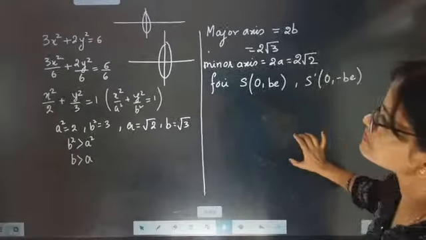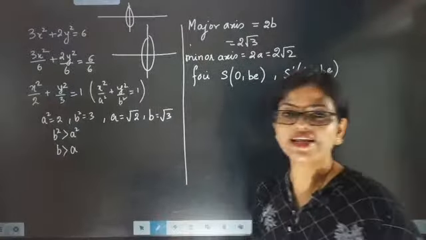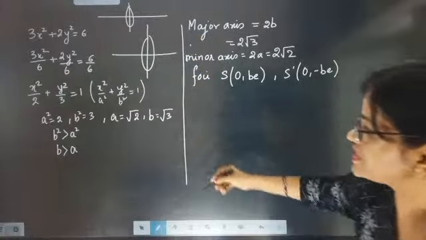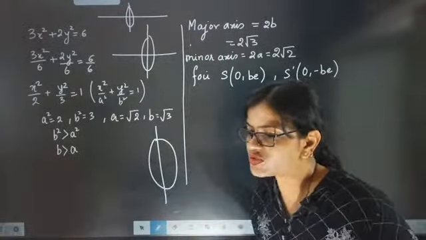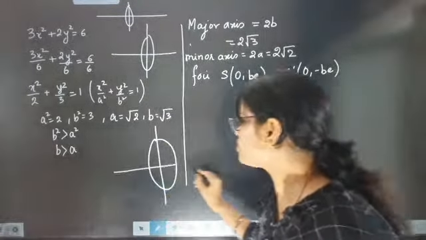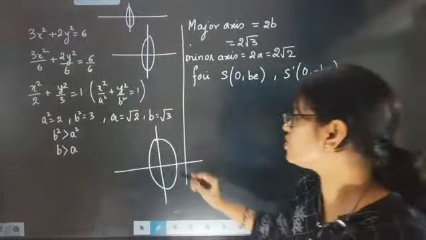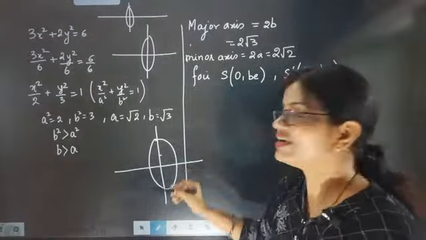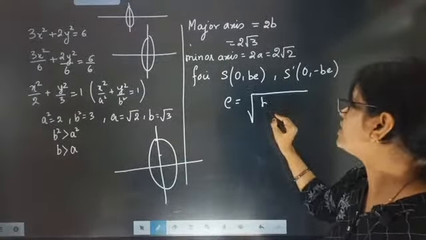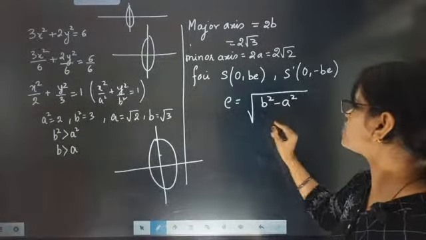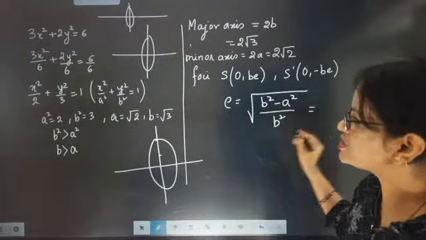Just tell me. Now first, the eccentricity for an ellipse whose major part is resting on the y-axis. Yesterday in one video I discussed that when the major part of the ellipse is resting on the y-axis, then the eccentricity will be root under b square minus a square by b square. So what is b square?